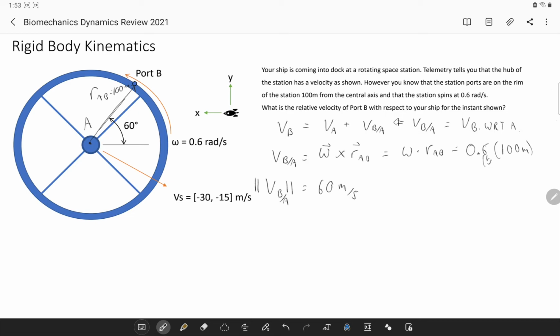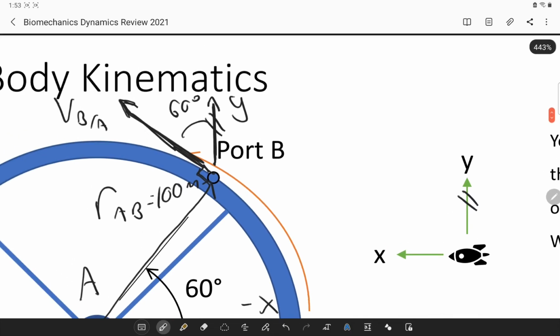To figure out the direction, since this is my negative x-axis relative to my ship, this vector here is aligned with my y-axis, so the two vectors are parallel to each other. That means the velocity comes off at 90 degrees from my r vector, so it's also at 60 degrees. Hopefully that makes sense as how we get the 60 degrees.